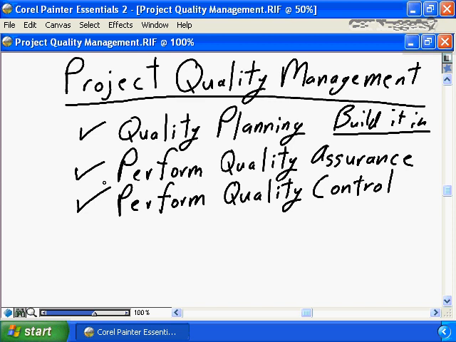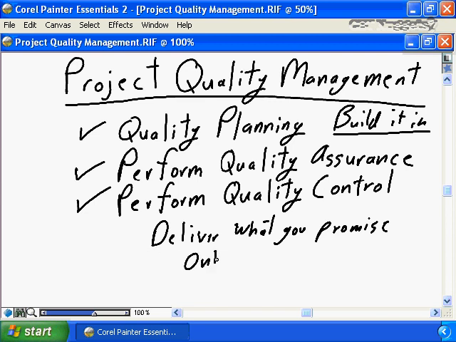You need to test and validate the quality process. You need to test and validate the quality and the final product to ensure it satisfies requirements and that it's fit for use. You need to deliver what you promise, but you need to deliver only what you promise.